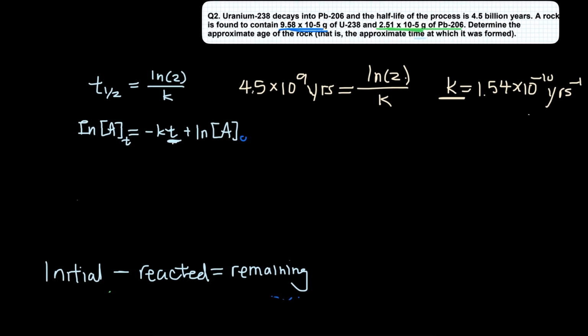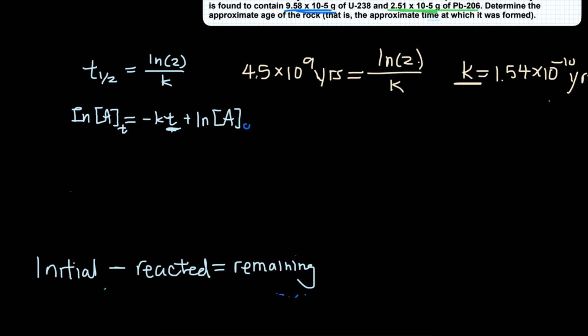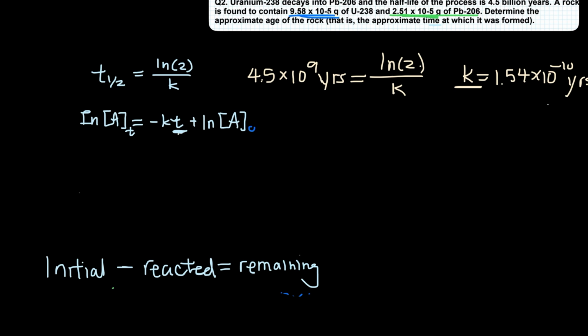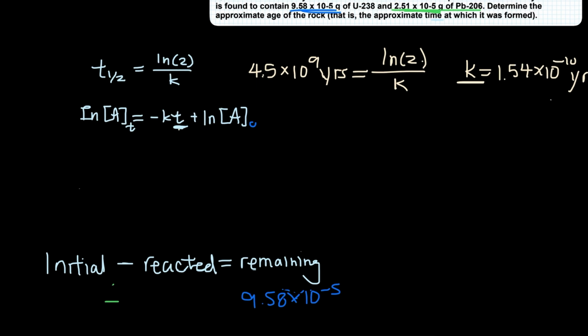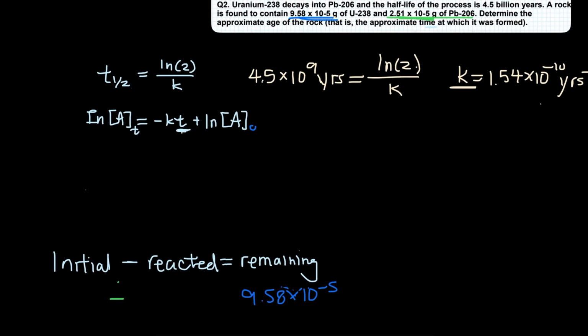So in our question here, we're told that there's a certain amount of uranium left. So that is the remaining amount of uranium. And then we're told that there's a certain amount of lead. That hints at how much uranium has reacted.